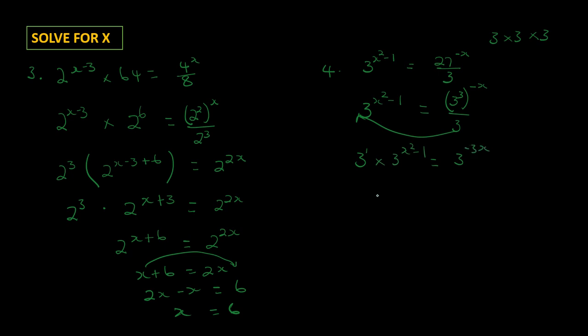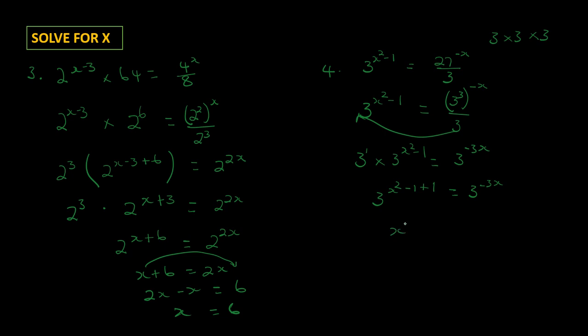Okay, and this is 3 to the exponent x squared, and we're going to add 1. So we are adding exponents because the bases are the same. All bases are 3, and we have a multiplication. That's on the left hand side. On the right hand side, what we have is still just that term there, 3 to the exponent negative 3x.